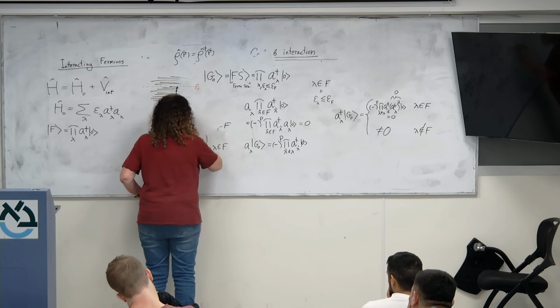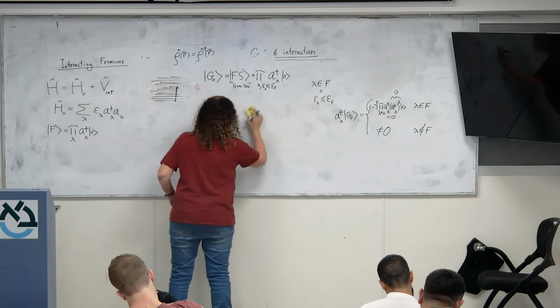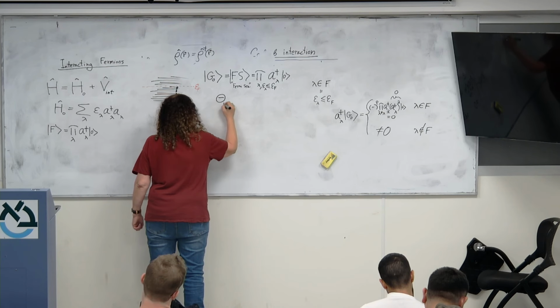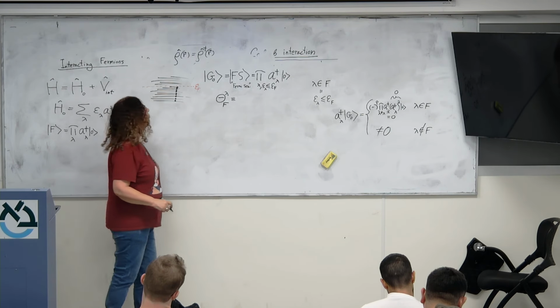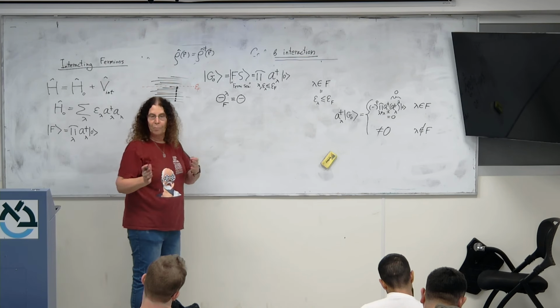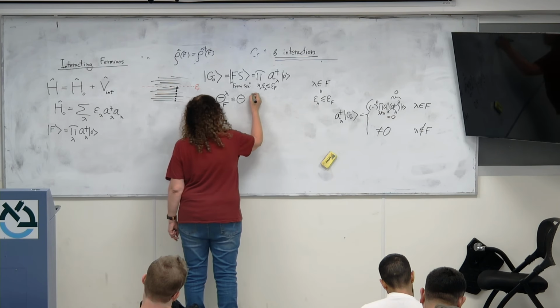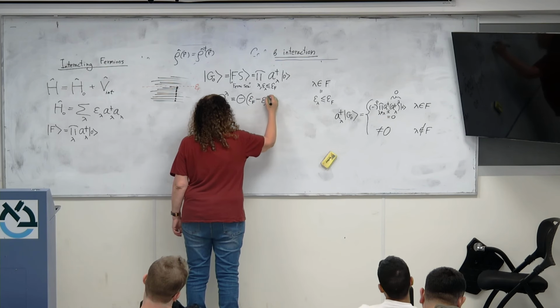So let me erase this and just redefine it. First of all, let me introduce a definition of a theta function. You know the theta function, right? The Heaviside step function. So this is theta of E F minus epsilon lambda.